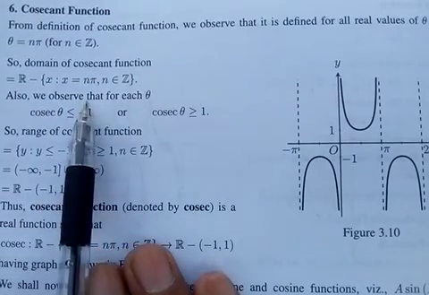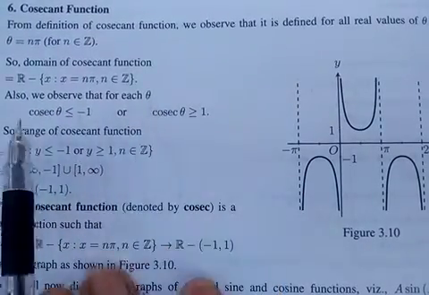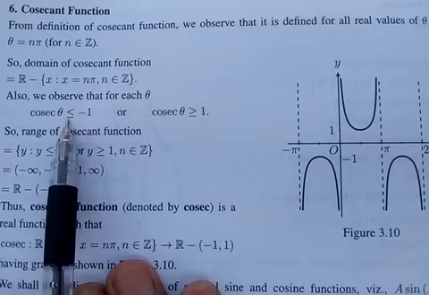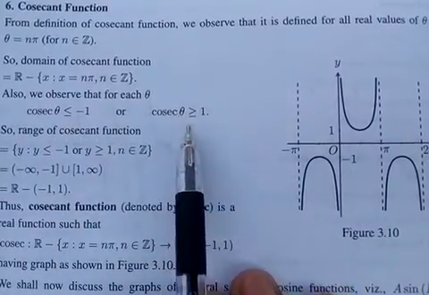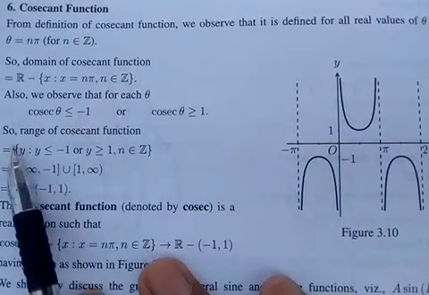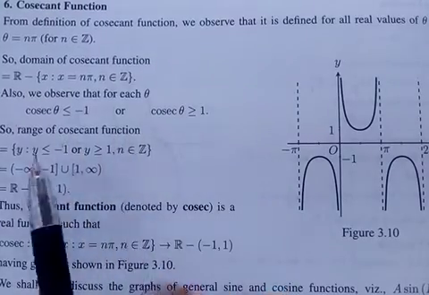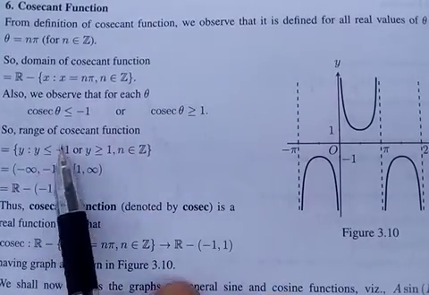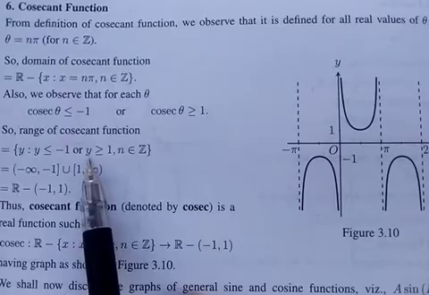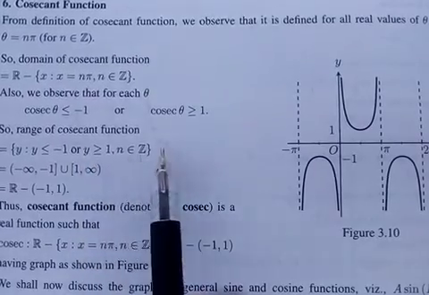Also we observe that for each theta, cosec theta is less than or equal to minus 1 or cosec theta is greater than or equal to 1, so the range of the cosecant function equals {y : y ≤ minus 1 or y ≥ 1}.